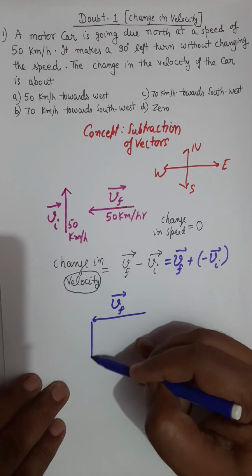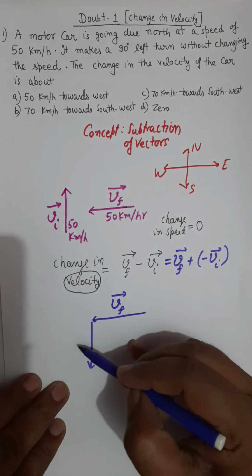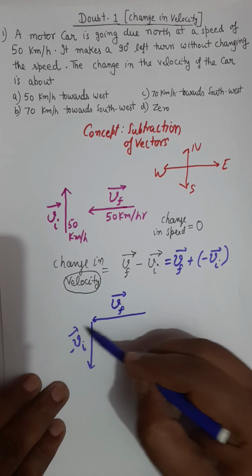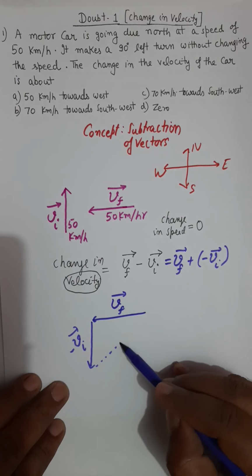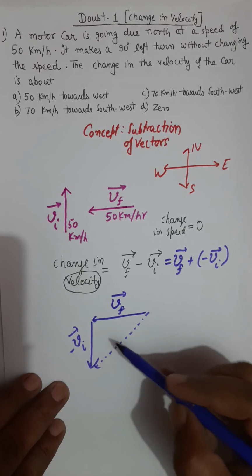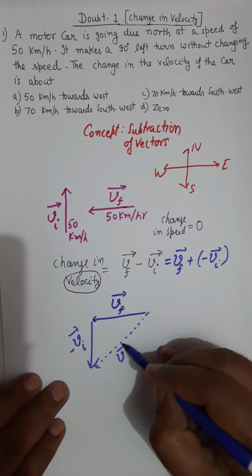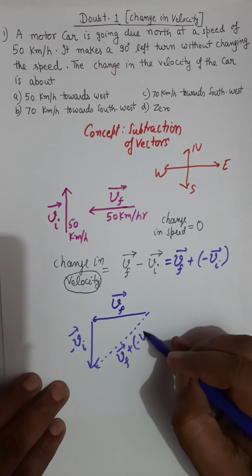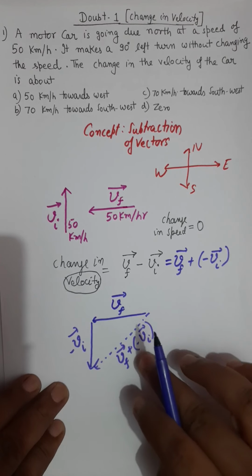So this is negative of the Vi vector, which is minus Vi. And now this vector will be called Vf plus minus Vi, which you can call change in velocity.